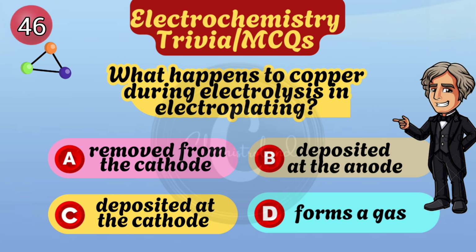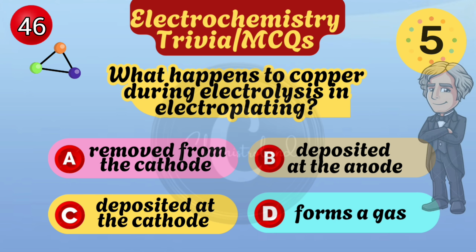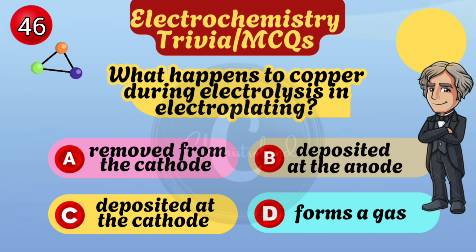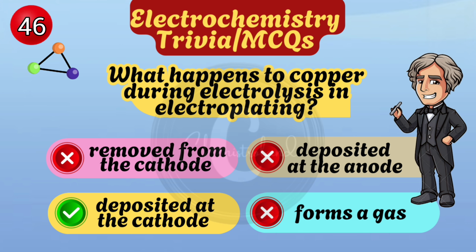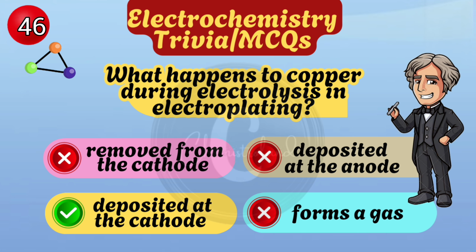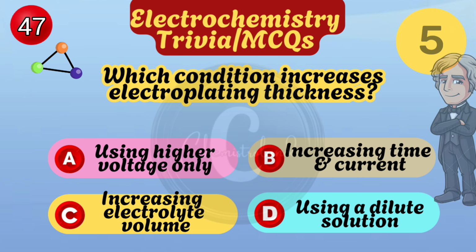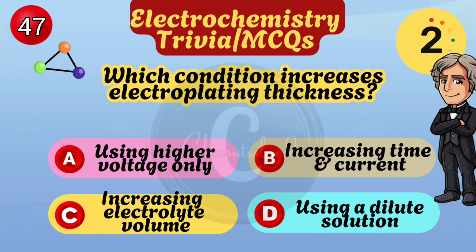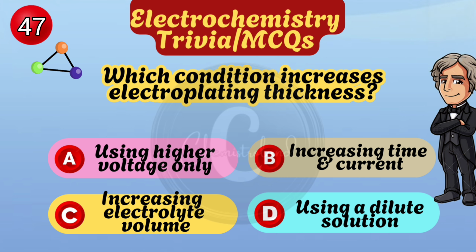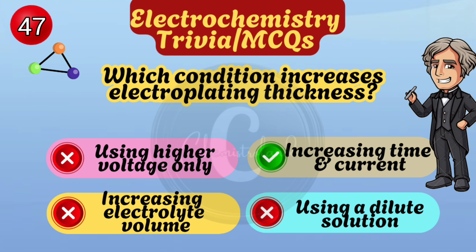What happens to copper during electrolysis in electroplating? It is deposited at the cathode. Which condition increases electroplating thickness? Increasing time and current.